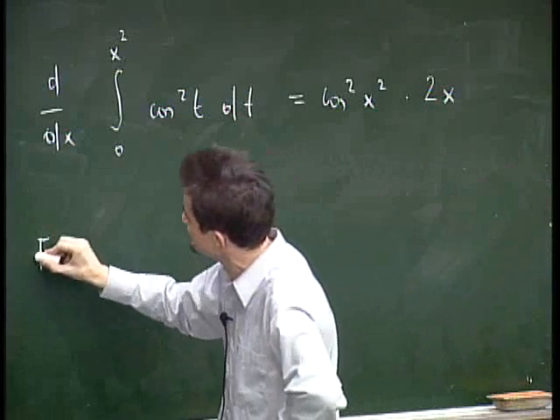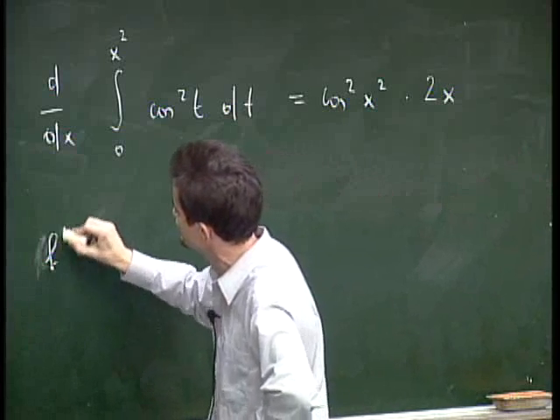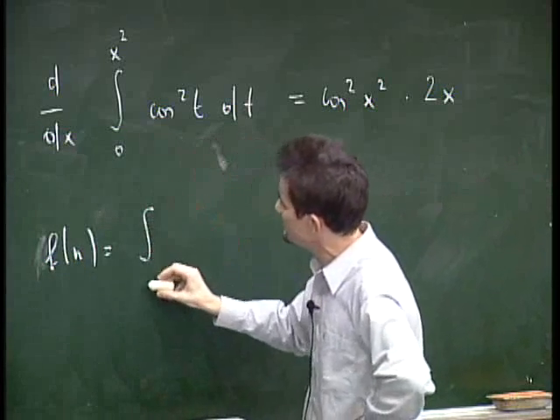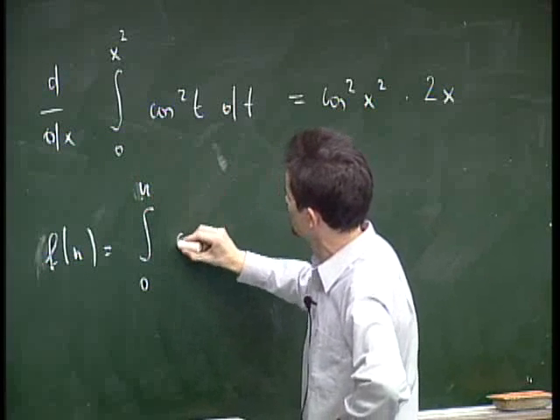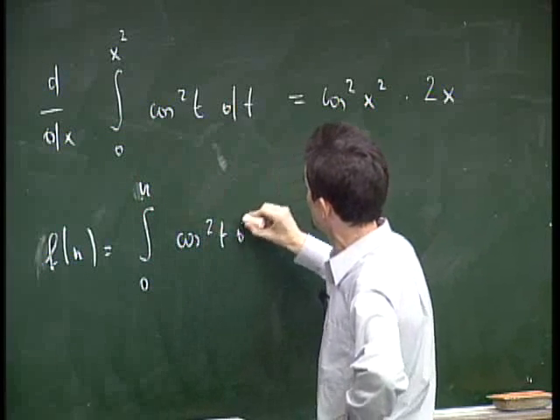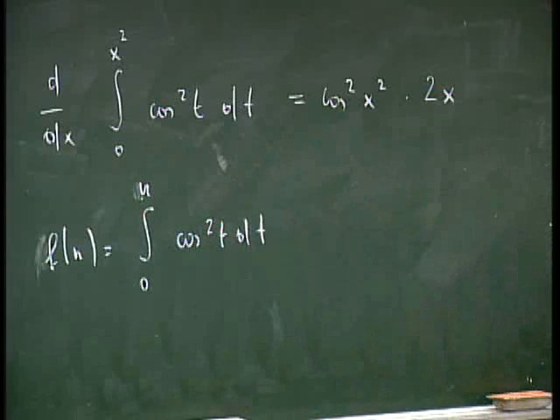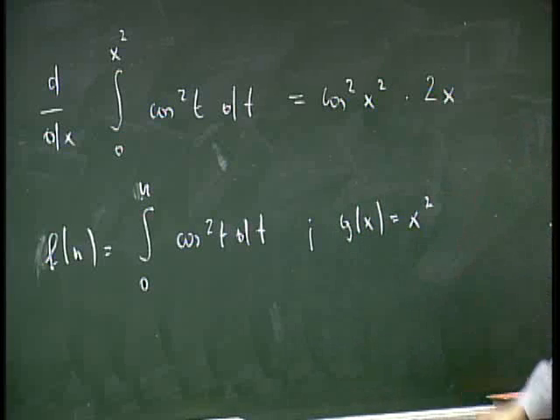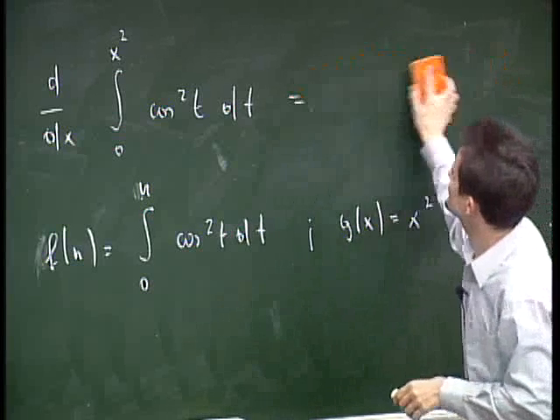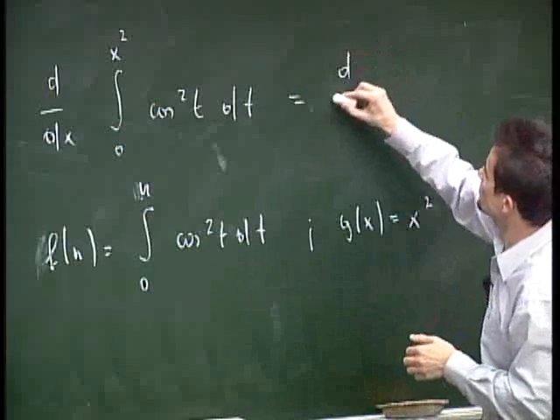Maybe it gets even clearer if I write it like this here, f of u. This is our outer function, and this is our inner function. Now you can write this as d over dx.